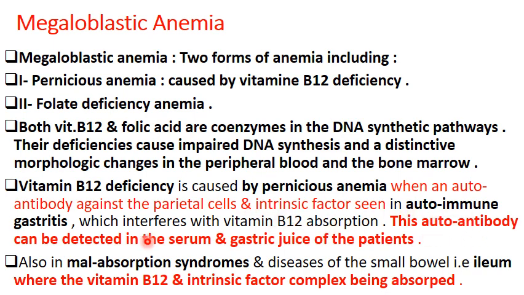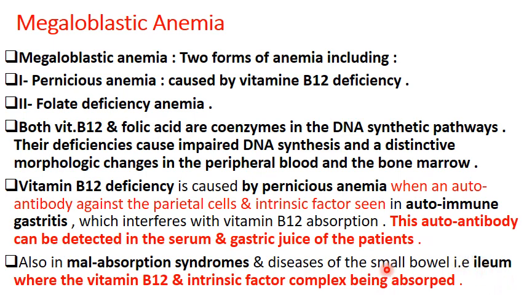So this autoantibody is important in the pathogenesis of vitamin B12 deficiency anemia, and it is detected in the serum and gastric juice of the patients. Another type is malabsorption syndrome, and diseases that involve the small intestine, especially the ileum, because the terminal ileum is the site of absorption of vitamin B12 when combined with the intrinsic factor.